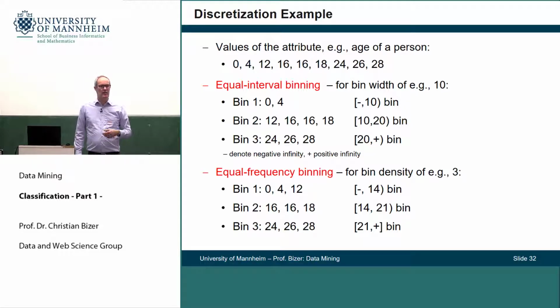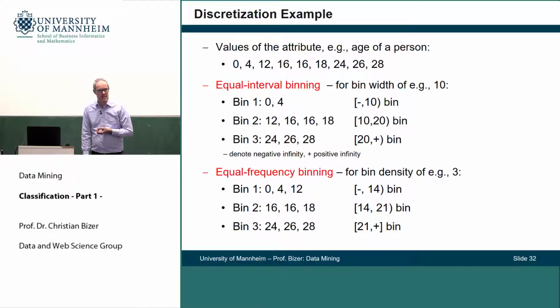And we basically assign the values to these buckets. Equal frequency binning is the alternative, where we look at the distribution of the values and have flexible bucket boundaries, and we set these boundaries in a way that the same amount of examples ends up in each bucket. These are the two automated approaches.